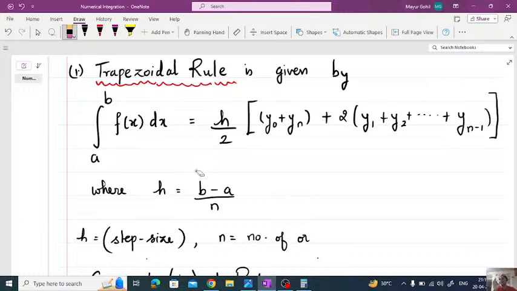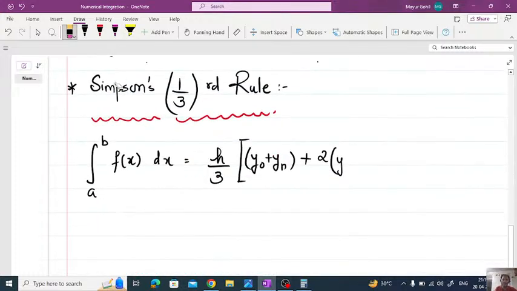Like if you divide your interval in 2 portions, then there are 3 ordinates. I'll give you that at the end. Let me first complete the whole formula.